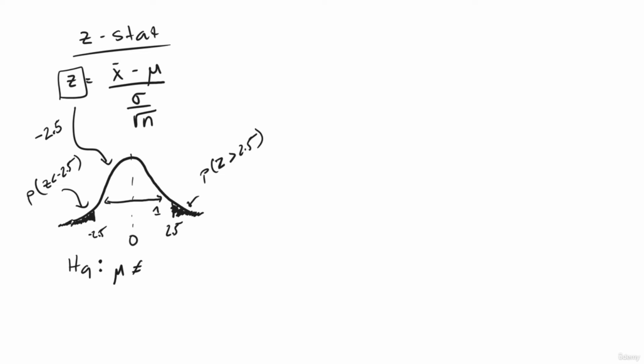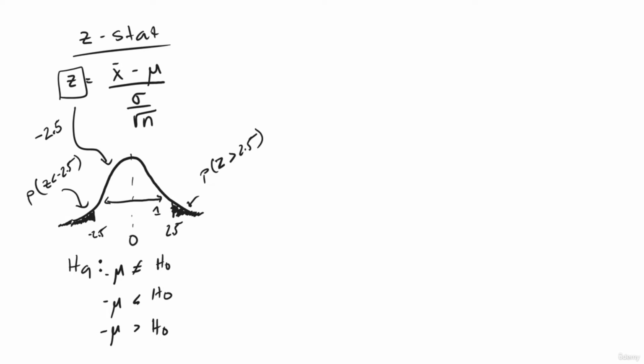Or we could say that our true population mean is actually less than the null, or that it is greater than the null. Depending upon which alternative hypothesis we choose, it matters whether we care about this side, this area, or both of them.